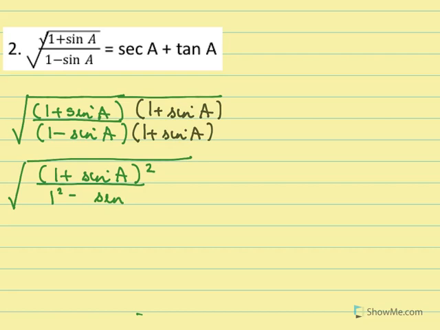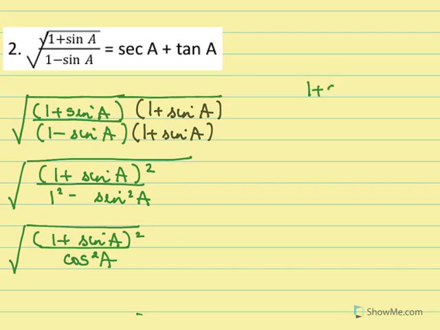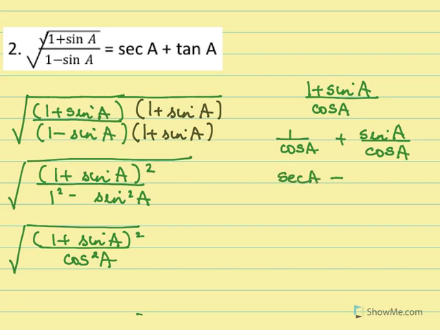That is 1 square minus sin square A. So this is under root of 1 plus sin A the whole square over cos square A. When you remove the under root sign, you get 1 plus sin A over cos A. Now you separate it out: 1 over cos A plus sin A over cos A. 1 over cos A is sec A, and sin A over cos A is tan A. If you can recollect, for this we know 1 minus sin square A equal to cos square A, and that's exactly what we have written here.